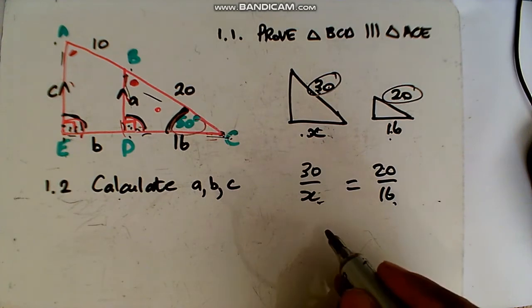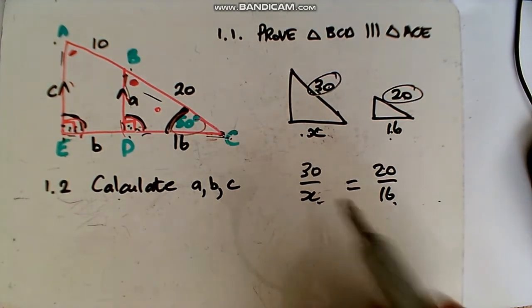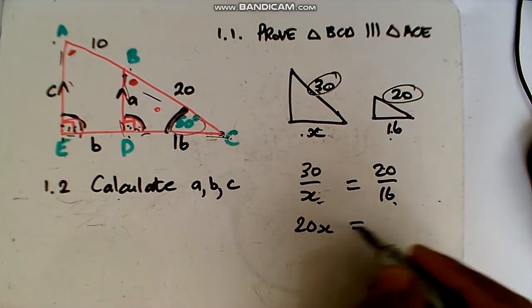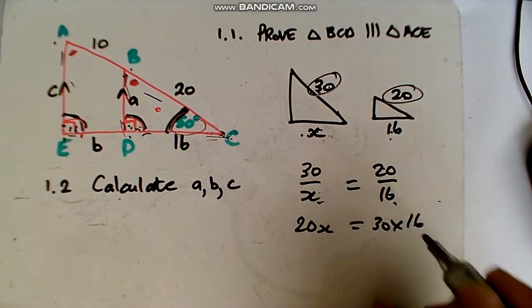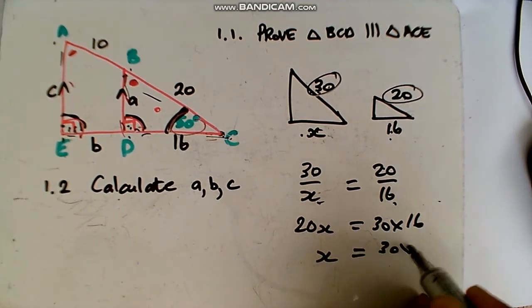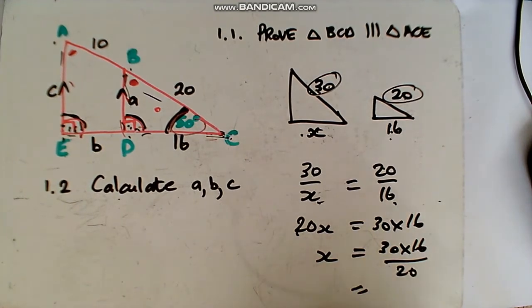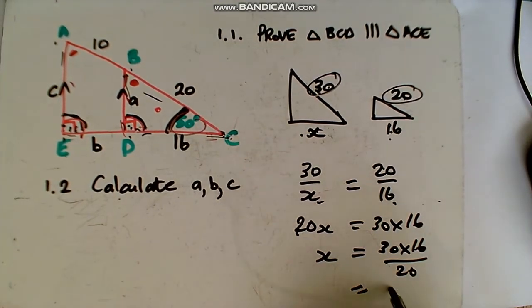Now we can solve for x by cross multiplying. So we'll get 20x is equal to 30 times 16. The next step, x is equal to 30 times 16 over 20, dividing both sides by 20. And x is equal to 24.